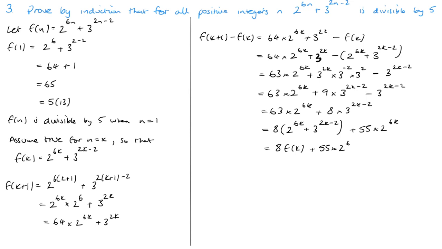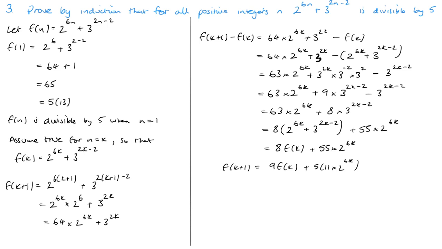55 of these. Then let's take the f of k that is here to this side, so that is now 9 f of k plus 5 times 11 times the 2 to the 6k.